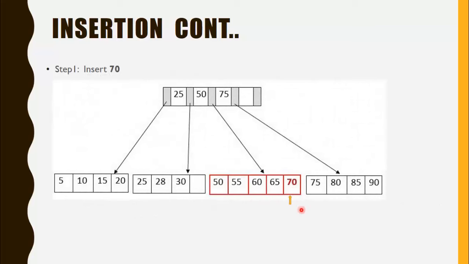But here one problem is there: the leaf node overflows. We know that if the order is n, then any node should have a maximum of n minus 1 elements. As the order is 5, the maximum number of elements in this node is 4.